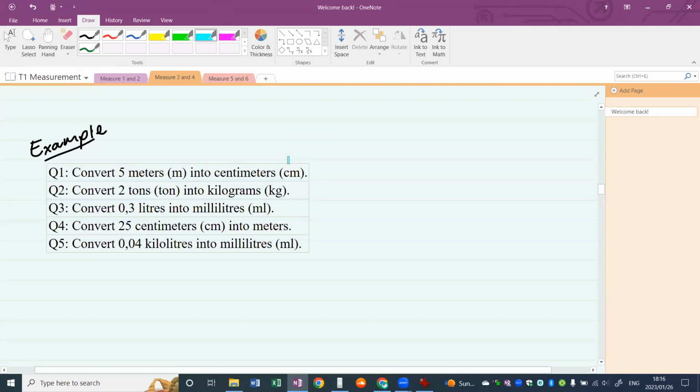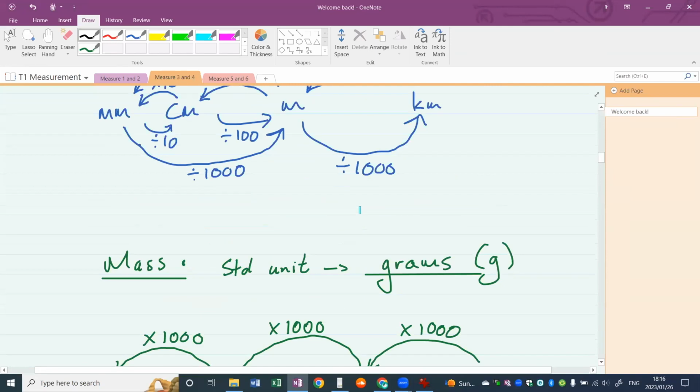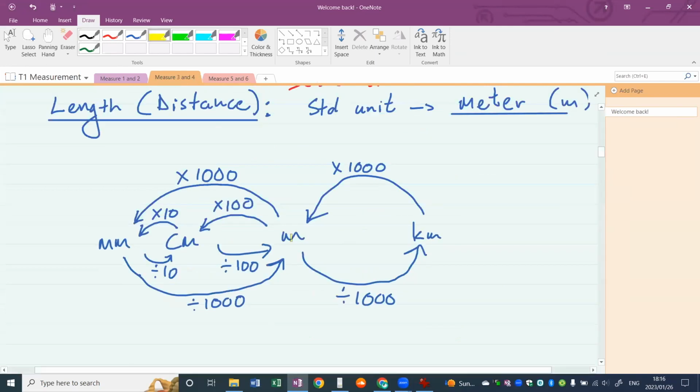Let's use our diagram for this. I need to go from meters to centimeters. So if we look at our diagram, I need to go from meters and use this arrow and go down to centimeters. And to do this, I need to times by 100.